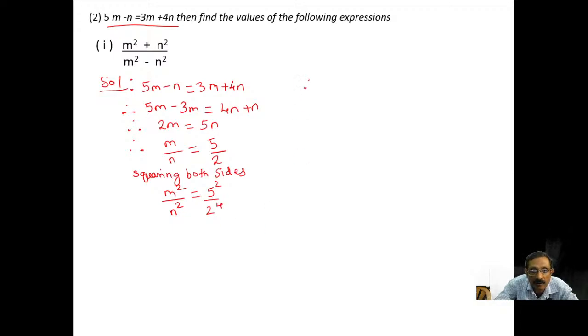Therefore, if I square that term, m square upon n square is equal to, what does 5 square give me? It gives me 25 upon, what should this be, square?